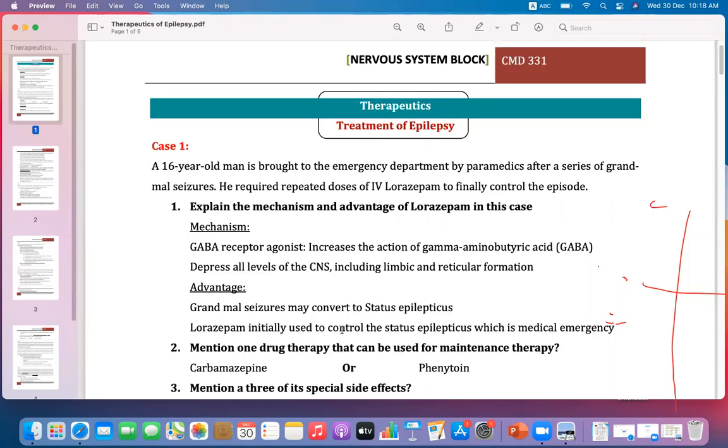Lorazepam is initially used to control status epilepticus, which is a medical emergency. So lorazepam is generally the initial choice of drug in the management of grand mal seizures.